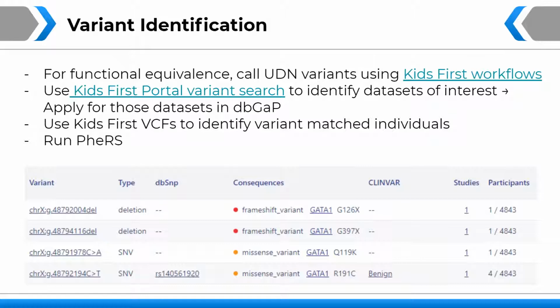But the user could actually use the Kids First variant search function in our portal to find which Kids First data set she needs to apply to. So she doesn't actually have to apply to every single dbGaP study in dbGaP. She can search on the individual variants or genes, find the relevant dbGaP studies, apply to access those so that then she can assess the row level phenotype genotype match of what phenotypes are associated with those variants to do her phenotype risk score analysis.